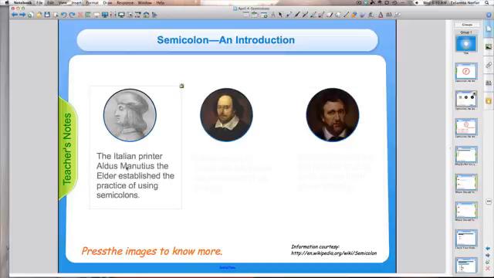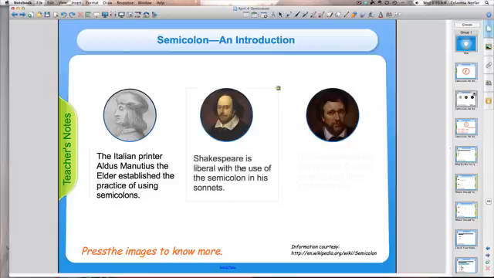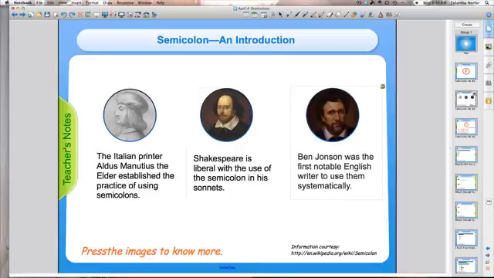Okay, well, you may have guessed that they all probably use semicolons, which was a great one. The Italian printer, Aldus, established the practice of using semicolons. Shakespeare is liberal with the use of semicolons in his sonnets, and Ben Jonson was the first notable English writer to use them systematically. So, what is a semicolon?